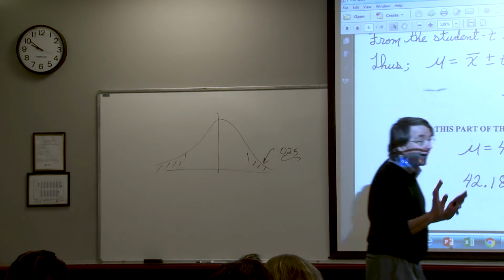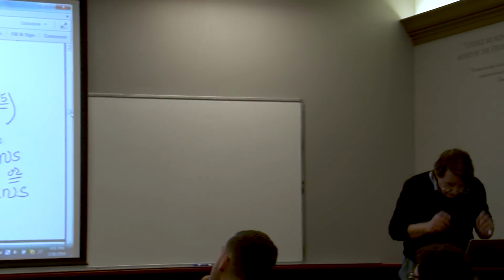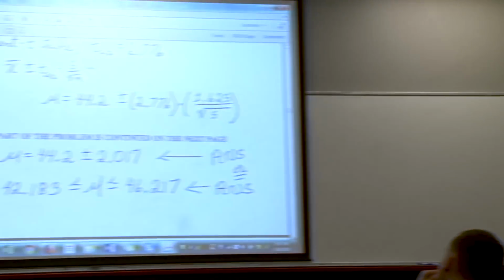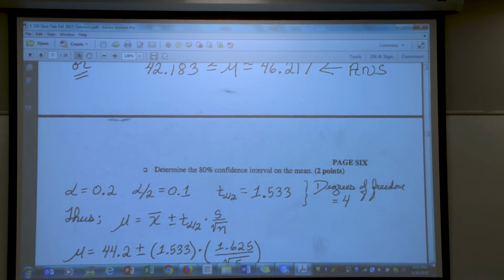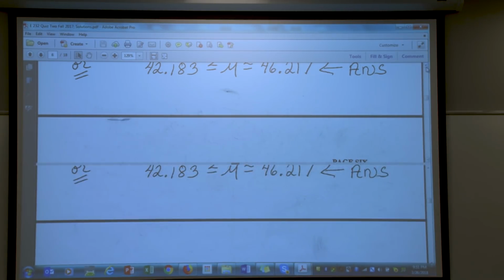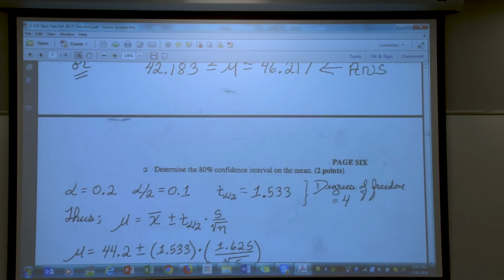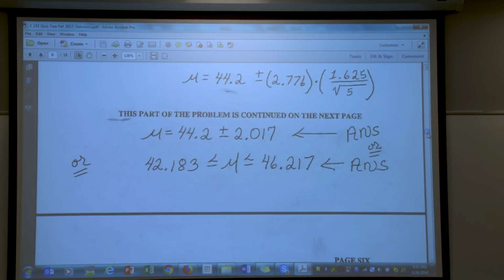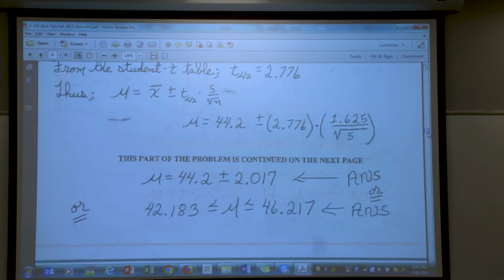Now, at this point, I have a question that I always like to throw out. I think it's kind of fun. How about an 80% confidence interval on the mean? Whoops, what did I just do? I somehow undid it. Okay. Let me ask you a question before we see the answer.